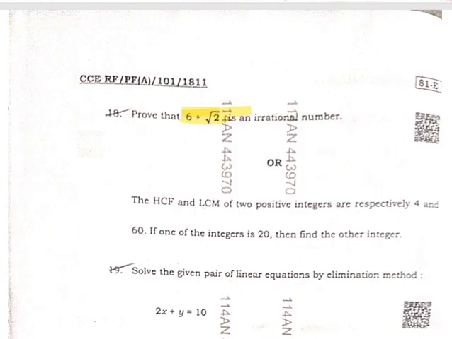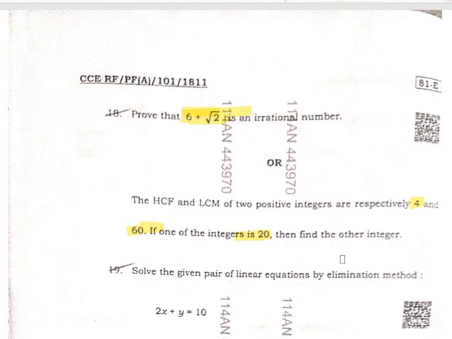The HCF and LCM of two positive integers are respectively 4 and 60. So here HCF is 4 and LCM is 60 for two positive integers. One of the integers is given as 20, then find the other integer.